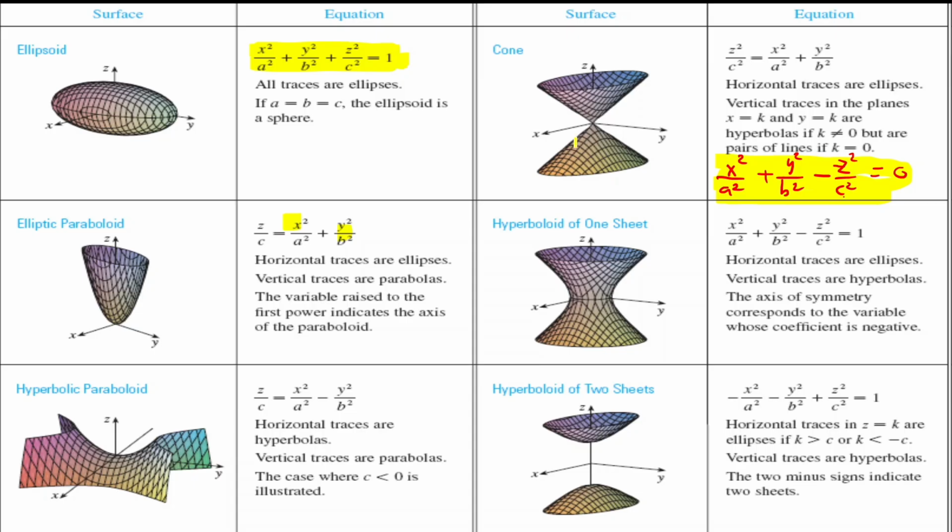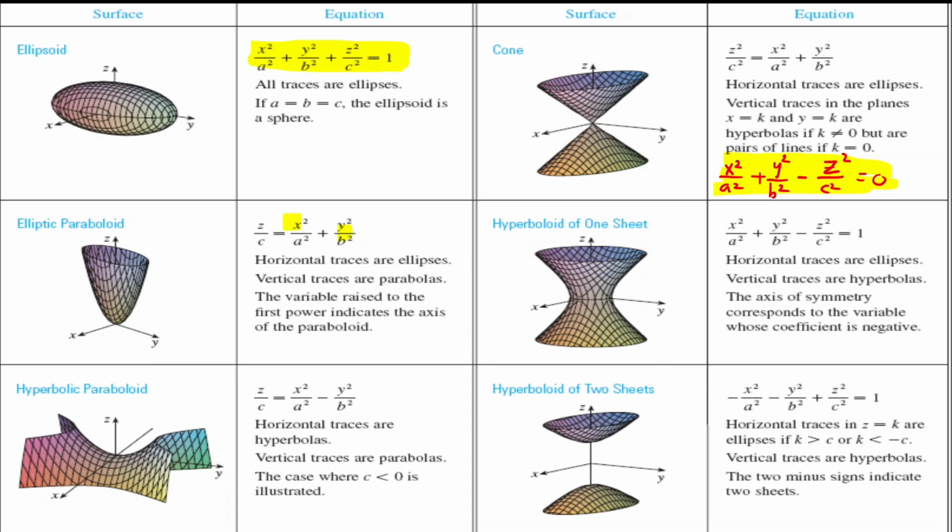Now, it's good first to learn the equations before we start graphing. I need you to think about the traces first. Think about the cone. If I take traces horizontally, what do I get? I get ellipses, maybe circles sometimes. It depends on the values of a and b.